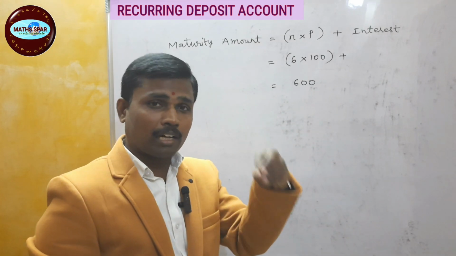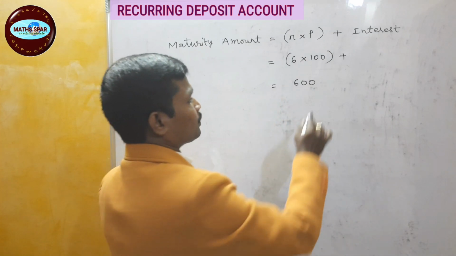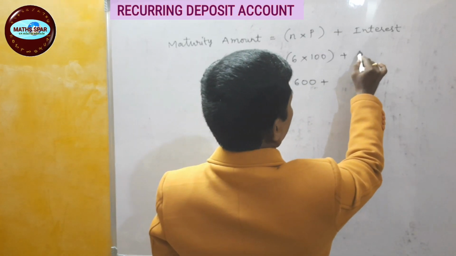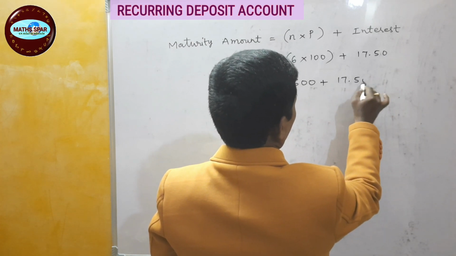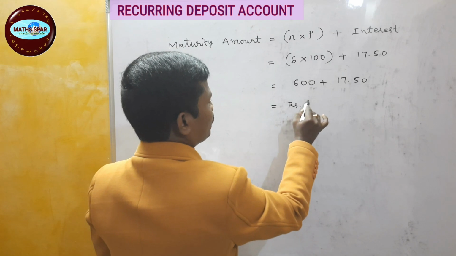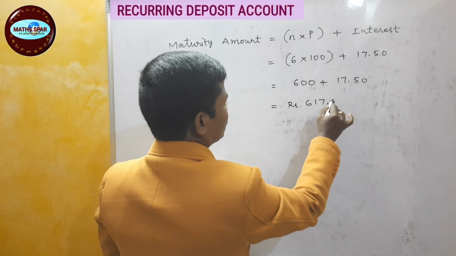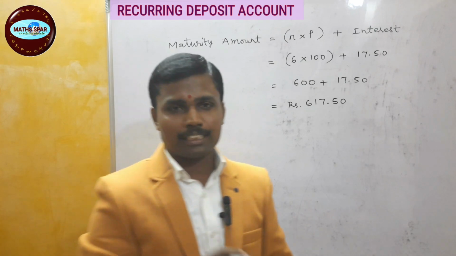Every month he has deposited 100 rupees, so in 6 months he deposited 600 rupees. On this he has to get the interest. So interest received is 17 rupees 50 paise. So at the time of maturity of his recurring deposit account, he will receive 617 rupees 50 paise.